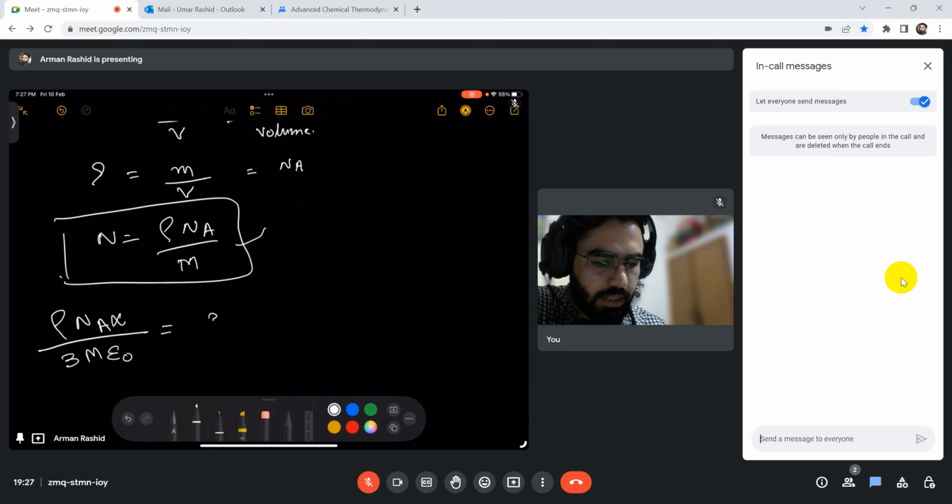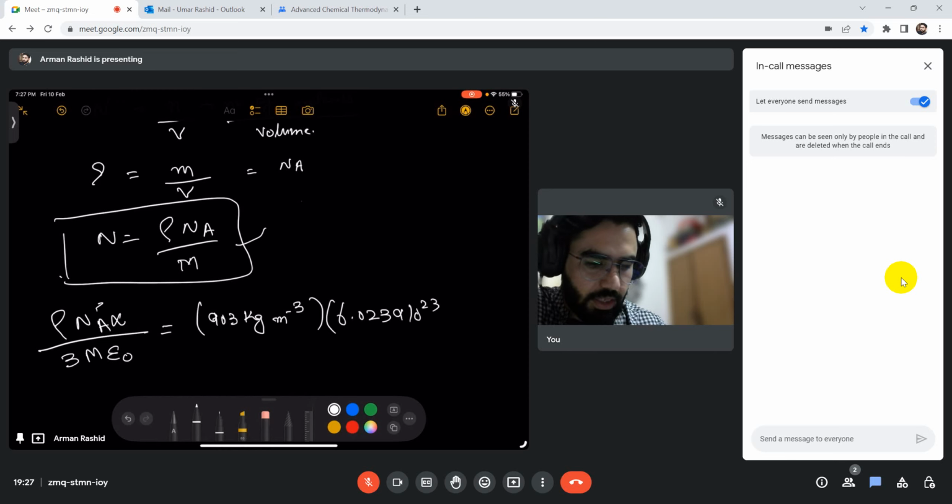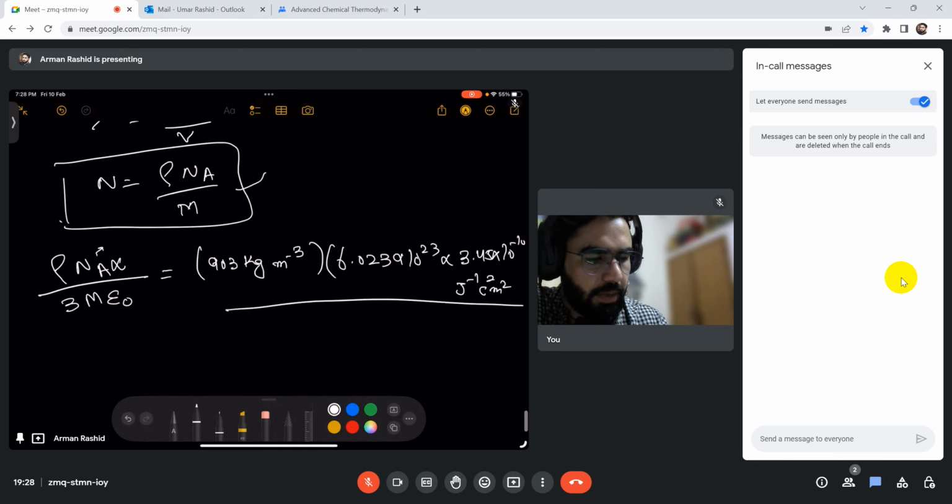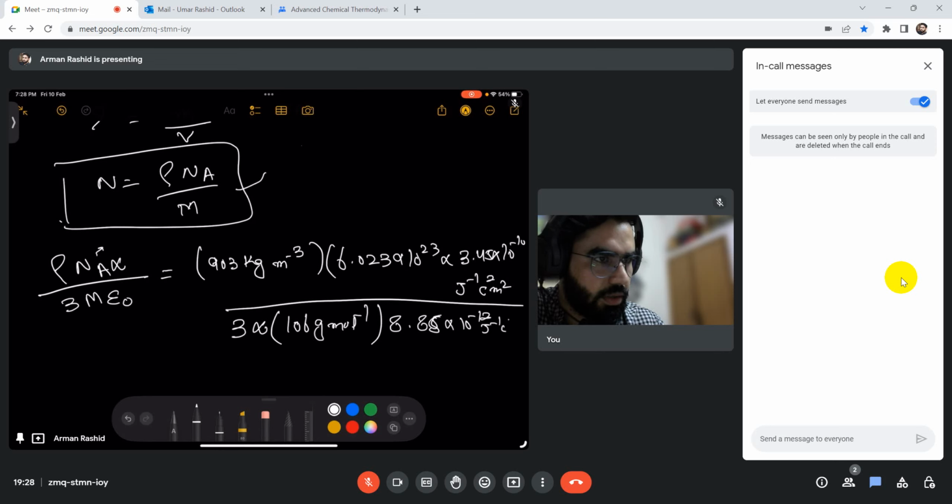The density is given as 9.3 kg per meter cube, multiplied by 6.023 × 10^23, and the polarizability we have determined to be 3.45 × 10^-10 per joule coulomb square meter square, divided by 3 multiplied by the molar mass 106 gram per mole, and the permittivity of free space 8.85 × 10^-12 per joule coulomb square per meter.